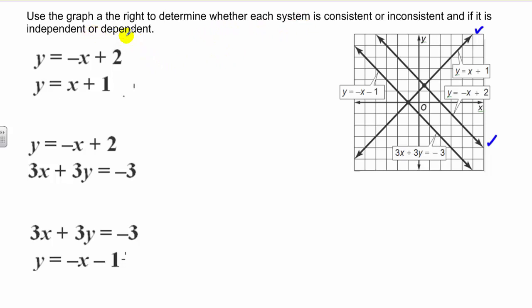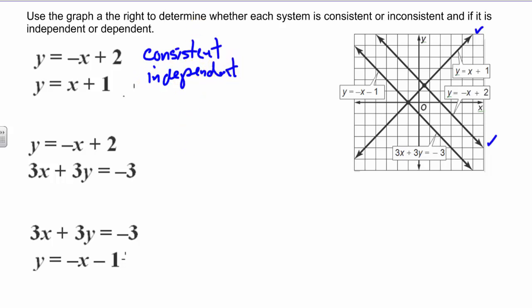So we see that these two lines with the blue check mark intersect in one spot, which means it's going to be consistent. And since they only intersect in one spot, it is independent.